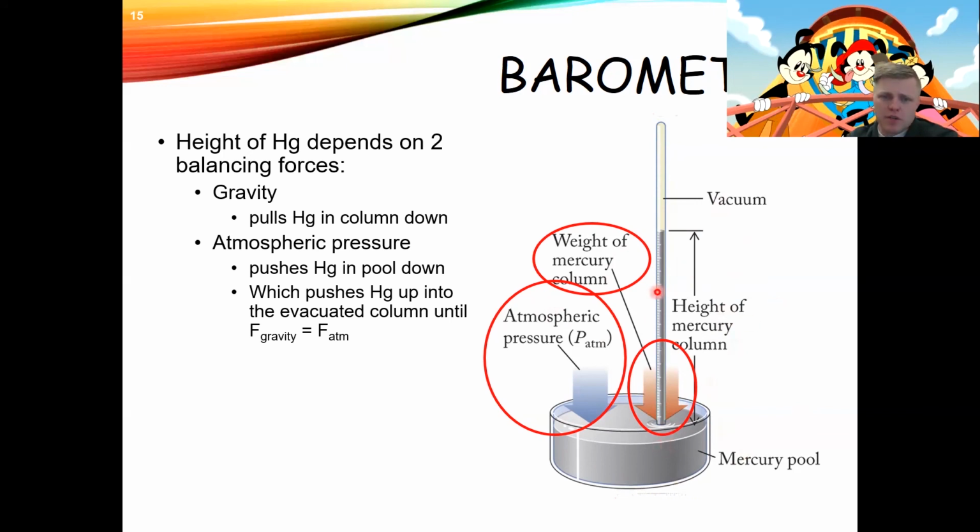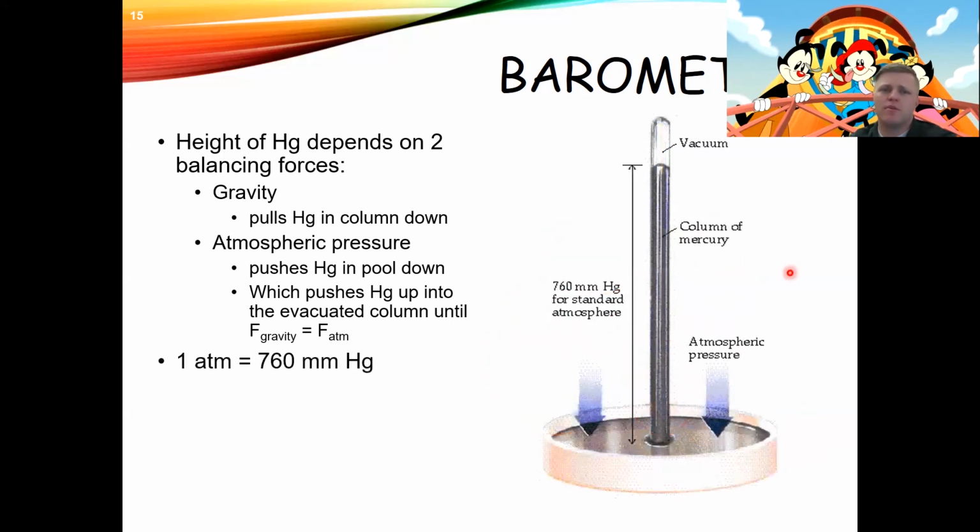So we measure the height of mercury here, usually in millimeters, and the height is directly related to our pressure. And so we say that it's been measured that 760 millimeters of mercury is equal to 1 atmosphere of pressure.